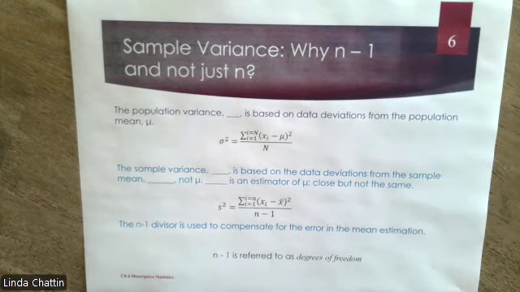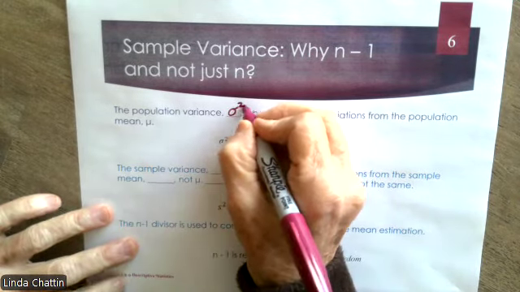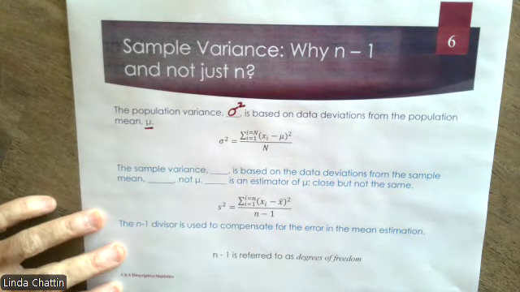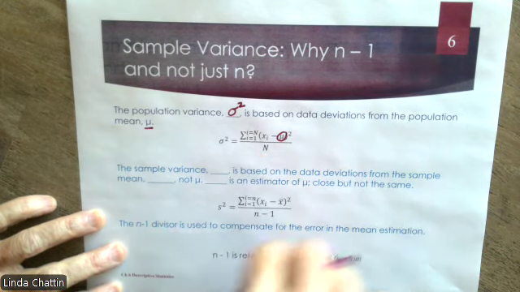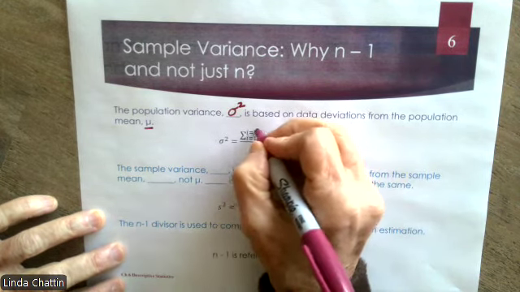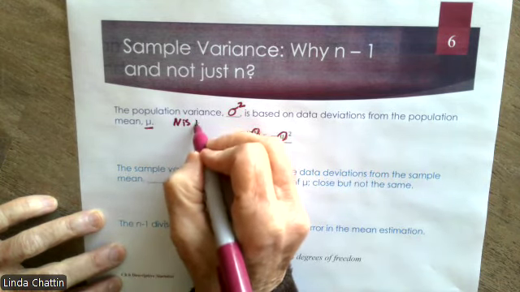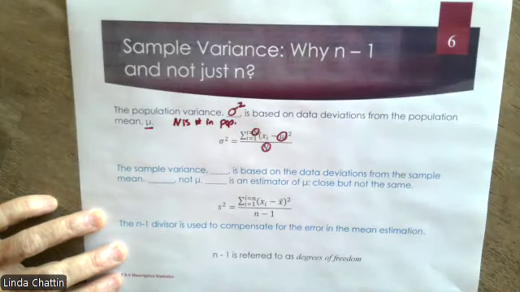First of all, the population variance, and again, I'm using purple for population variance, sigma squared, is based on data deviations from the population mean, right? So this is that, and we've got population capital N, like that. So that's my population, where N is the number in the population, if it's a finite population.